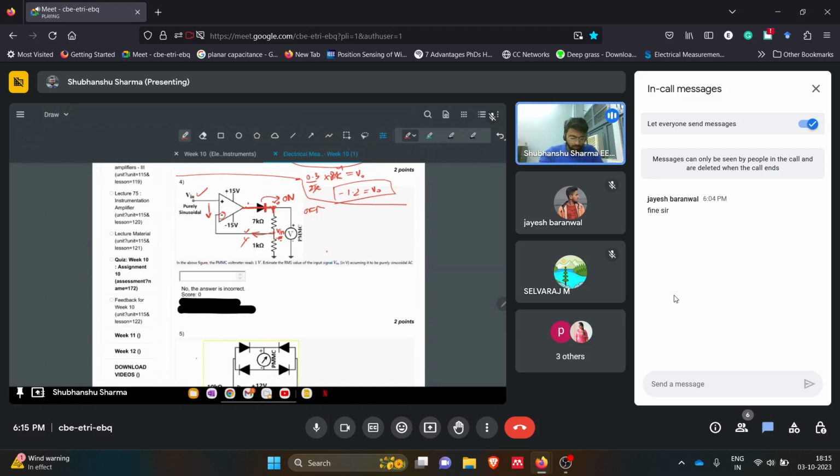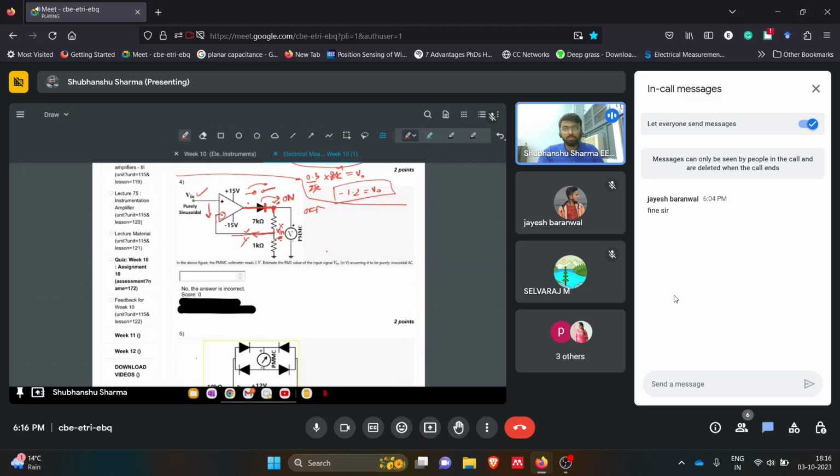But if this diode is an open circuit, it is not able to transfer its output to this side. So this feedback is hanging, it is floating, and it is not acting as the feedback circuit for this operational amplifier.